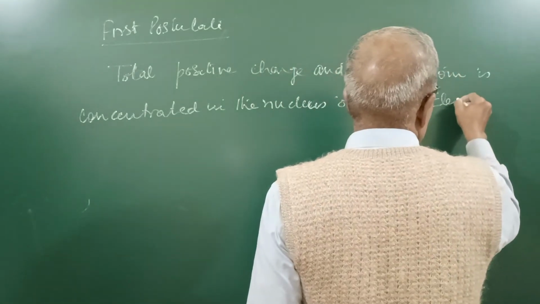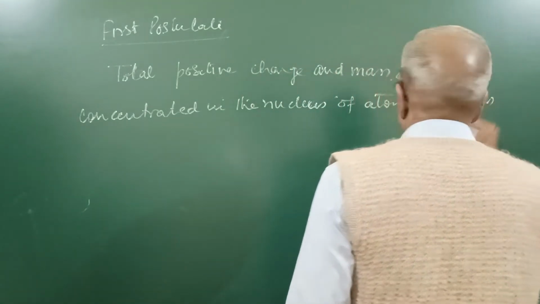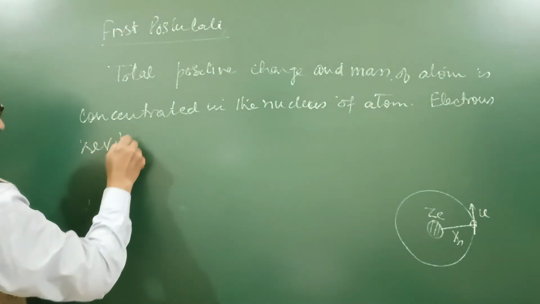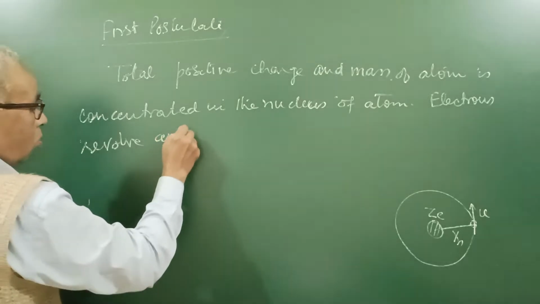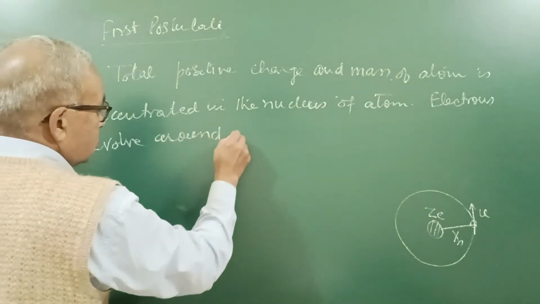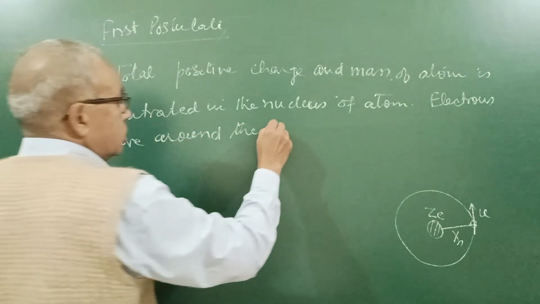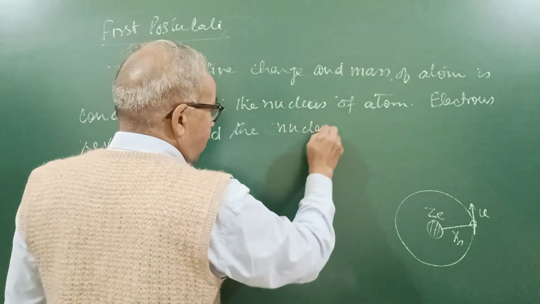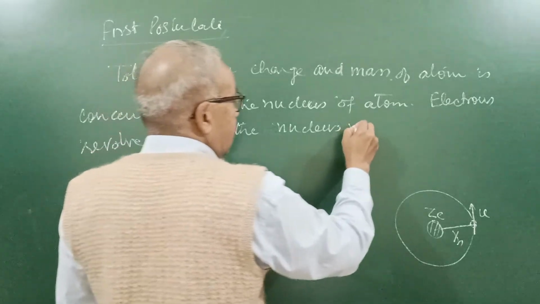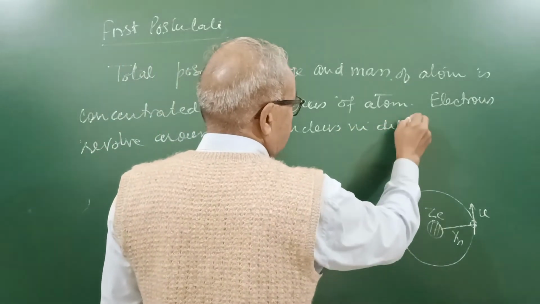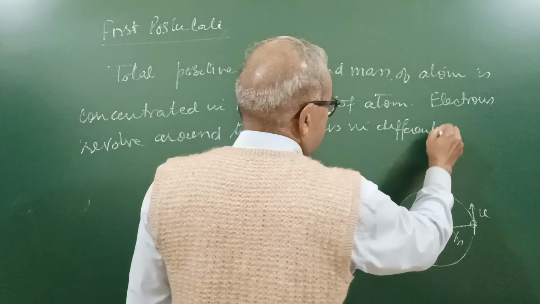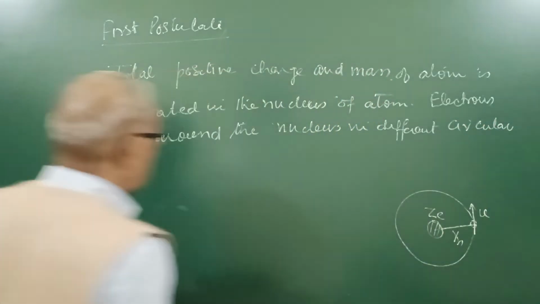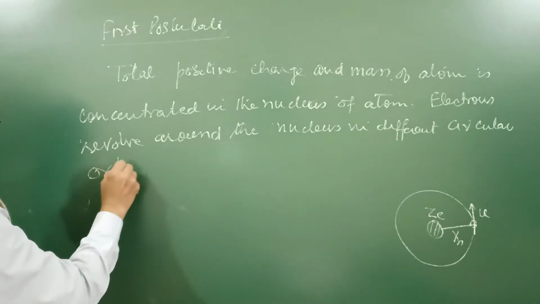Electrons revolve around the nucleus in different circular orbits.